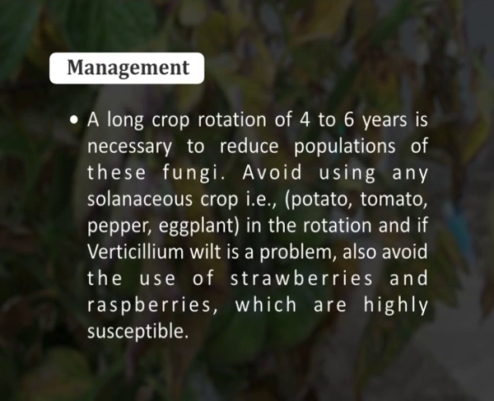A long crop rotation of 4 to 6 years is necessary to reduce the population of this fungus. Avoid using any solanaceous crop, that is potato, tomato, pepper, eggplant, in the rotation, and if Verticillium wilt is a problem, also avoid strawberries and raspberries, which are highly susceptible.